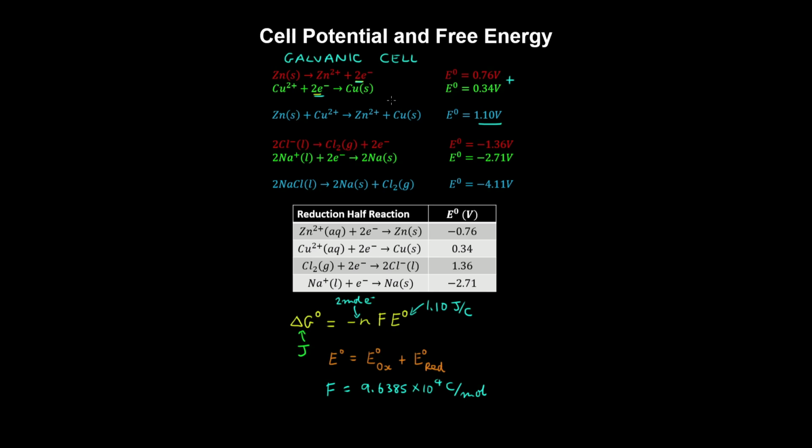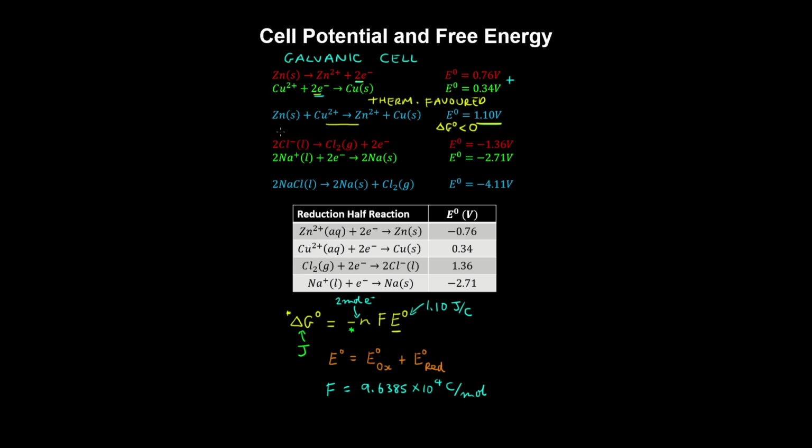And note that the redox reaction of the galvanic cell is thermodynamically favoured. So we have a positive cell potential, and for thermodynamically favoured reactions, delta G0 is less than 0. So that's why we have this negative sign here.